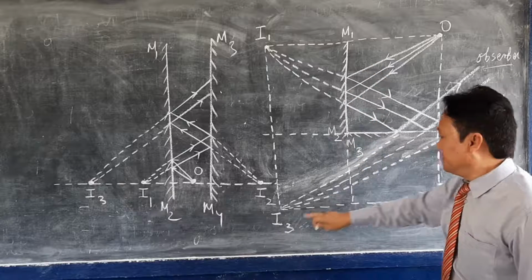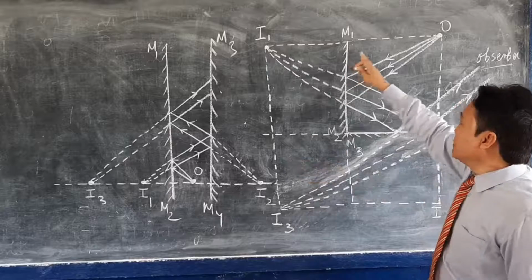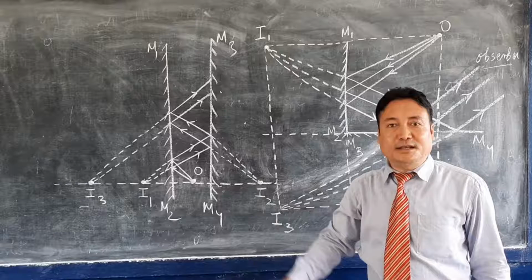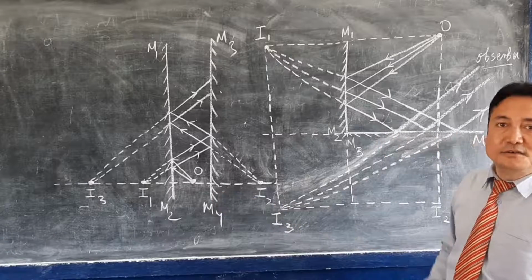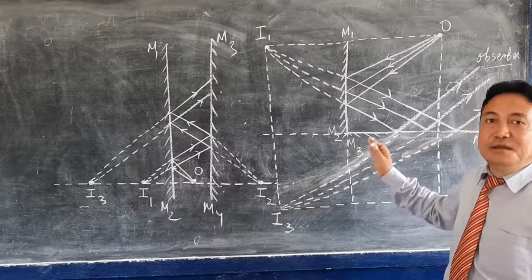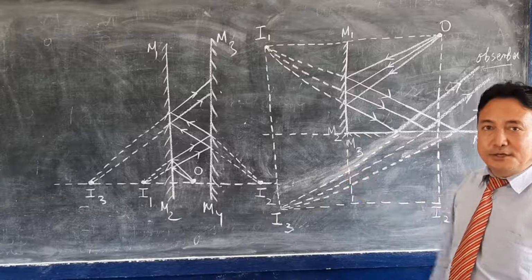So that means when the two mirrors are kept perpendicular to each other, that is at an angle of 90 degrees, three images are formed. The number of images formed is 3 in case of mirrors kept perpendicular to each other.